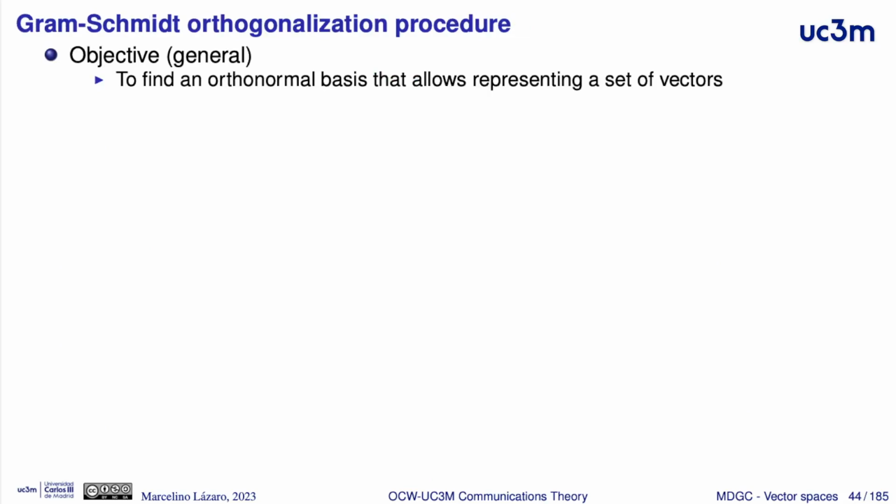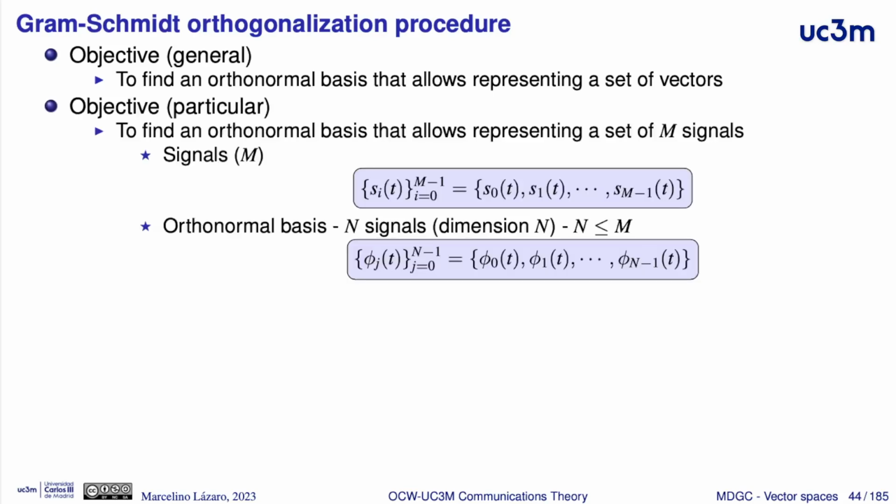The main objective of the Gram-Schmidt orthogonalization procedure is to obtain an orthonormal basis that allows to represent all the elements in a vector space. In particular, we will apply this procedure to the obtention of an orthonormal basis allowing to represent a set of M signals, because we will apply it for the M signals that are used in a digital modulator.